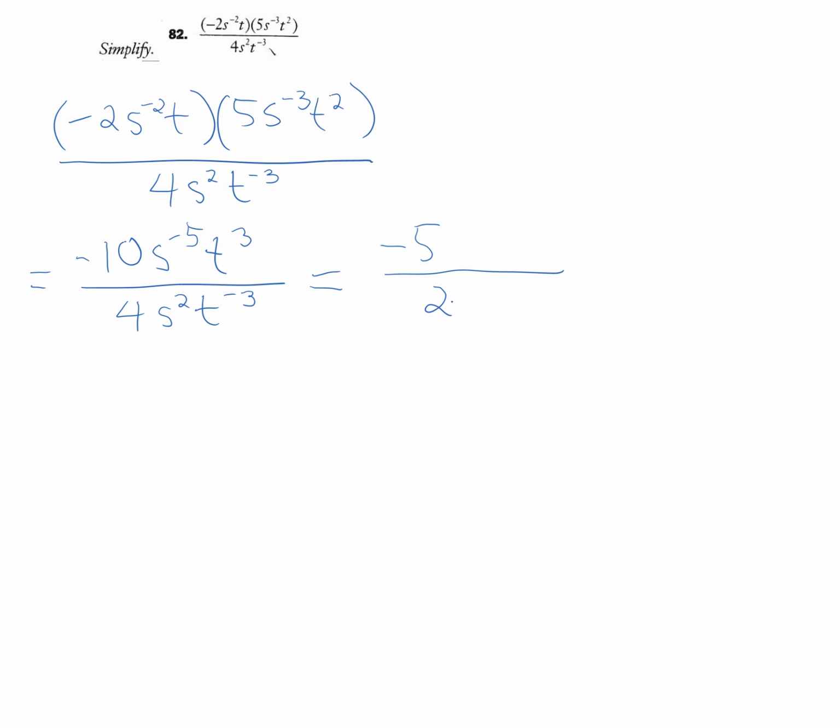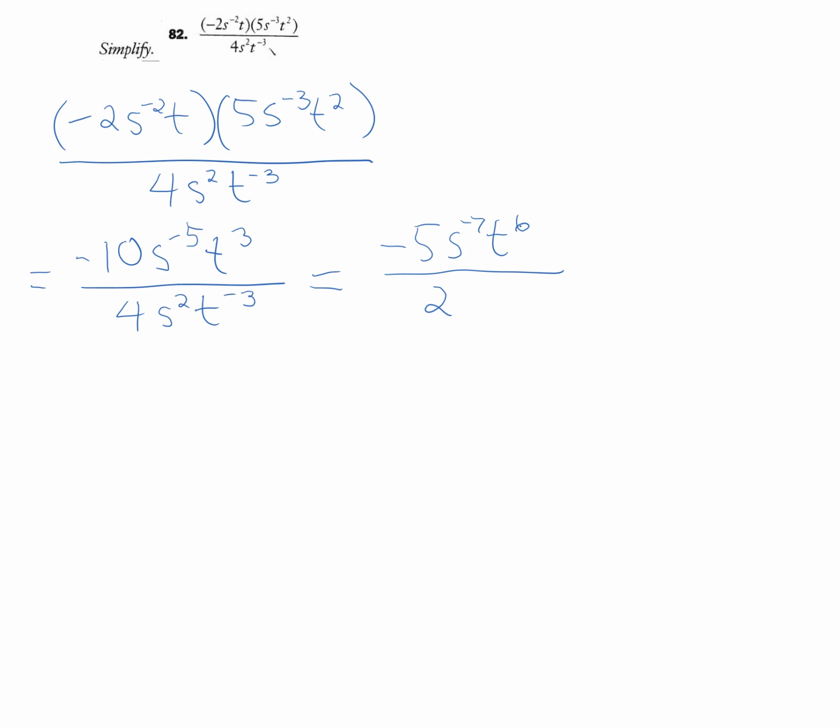So in this case, I'm dividing, and when I have the same base and I'm dividing, I subtract the exponents. So for the s, I have negative 5 minus 2, which is going to be s to the power of negative 7 on the top. And for t, I have 3 minus a negative 3, which is going to be t to the power of 6 on the top. And I just have 2 on the bottom.